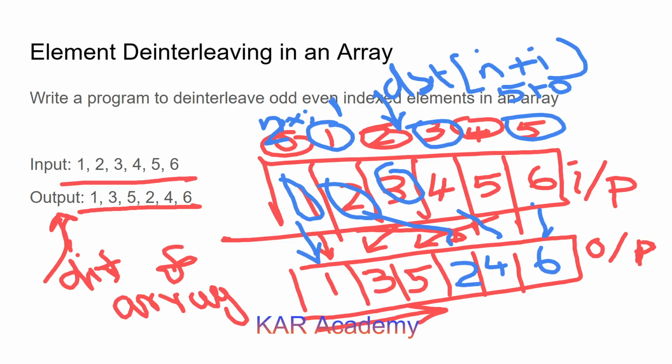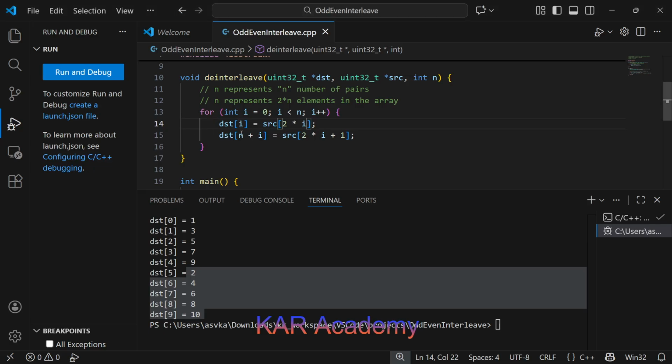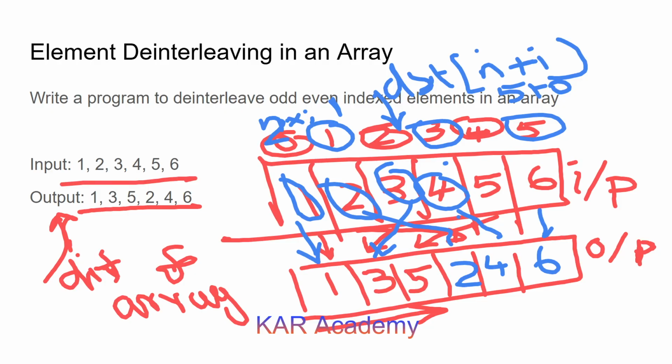This particular element is copied to this location. Now 2 times I plus 1: 2 times 1 is 2, plus 1 is 3. So this is index 3. We take this element and copy it to n plus I, where n is 5 and I is 1, 5 plus 1 is 6. So this goes to element 6 somewhere here. Okay, so that's how it works.